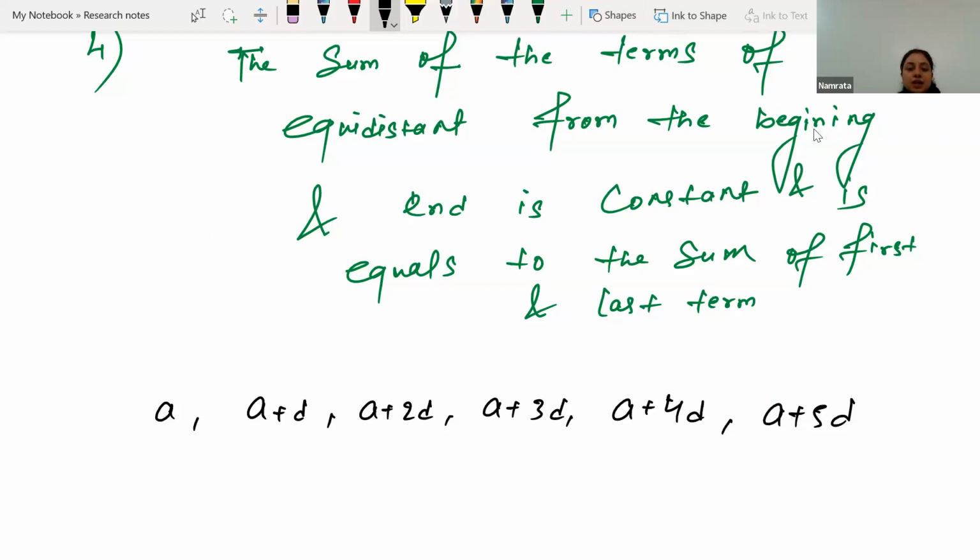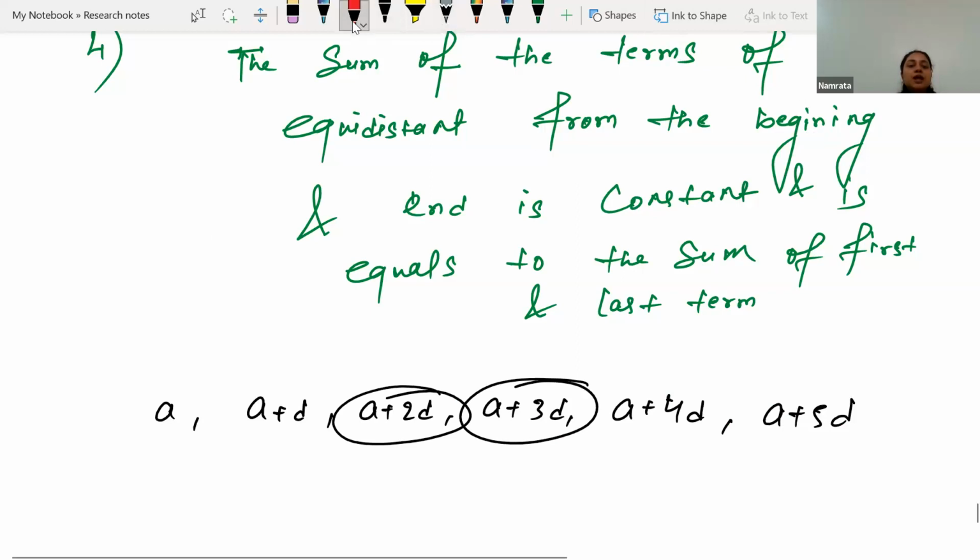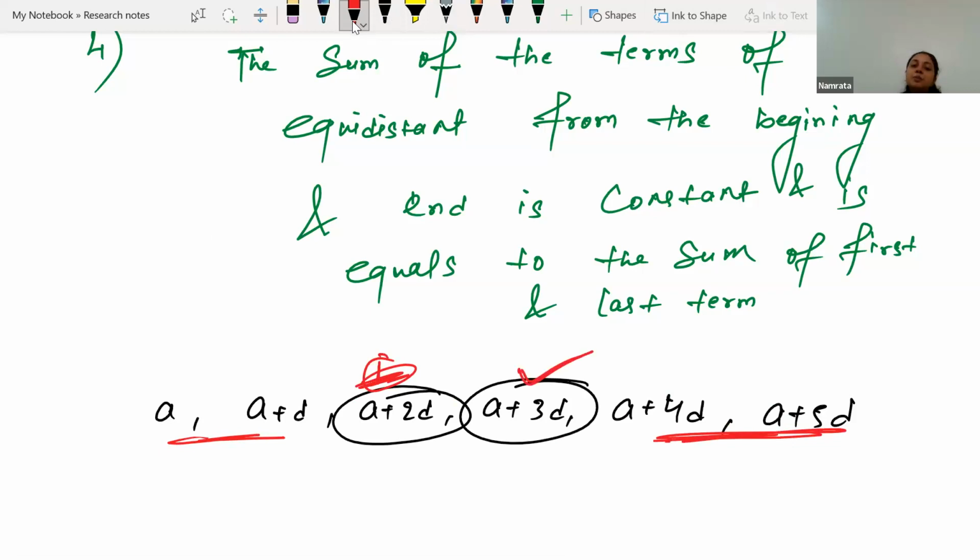So let's say we are taking this one and this one. Can you see both are equidistant from the beginning and the end? This one, we have left 2 and then we have picked one. And here also we have kept 2 aside and taken one of the terms. Equidistant terms from the beginning and the end. Are you getting it?